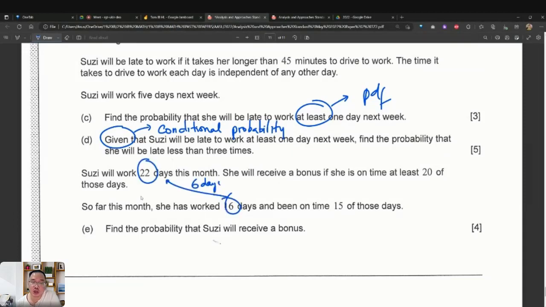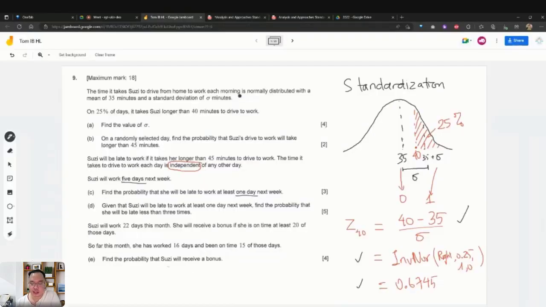So we need to find a new probability for her to be late in the next 6 days. The number of trials is 6.